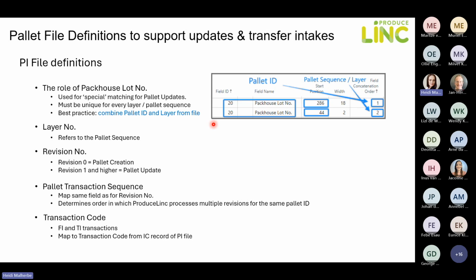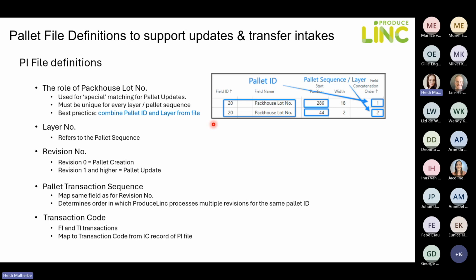We use it to find the existing pallets that we need to update for update transactions. And it has to be unique for every pallet sequence or layer. I know in the industry they talk about pallet sequence. We call it layer because there's another field that also contains the word sequence.